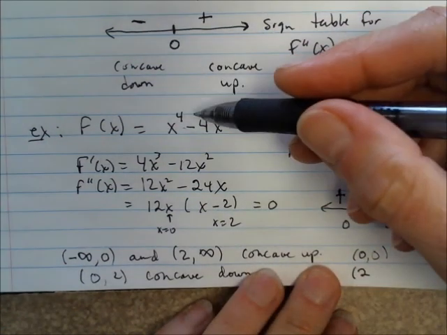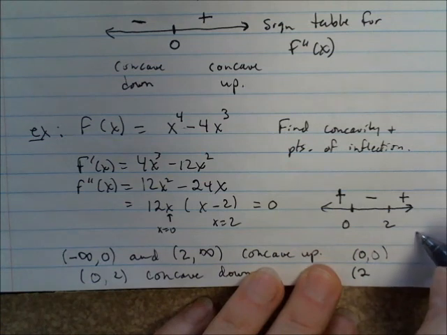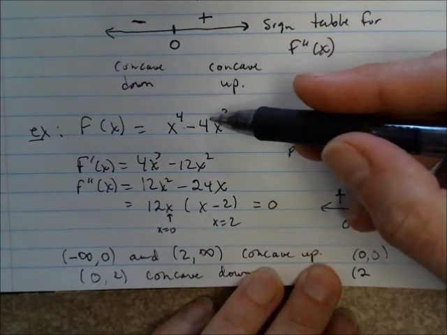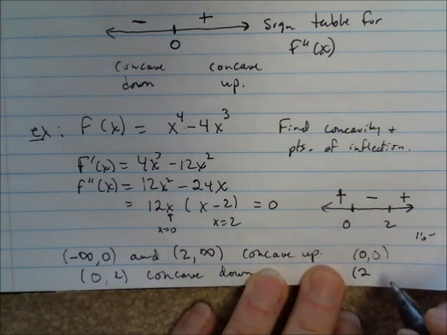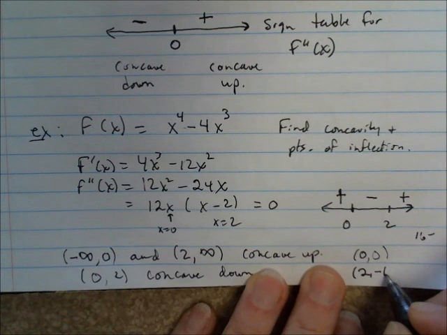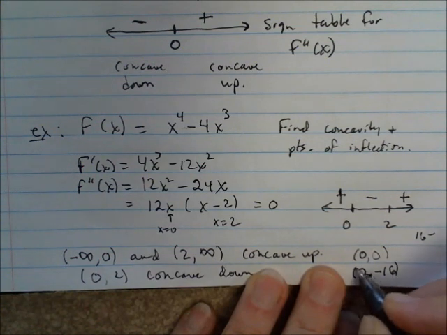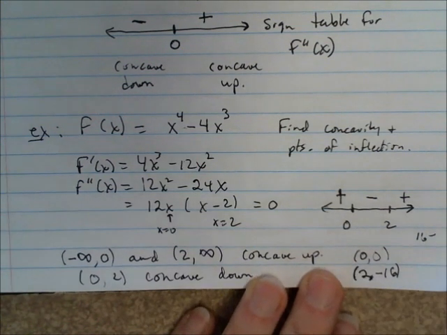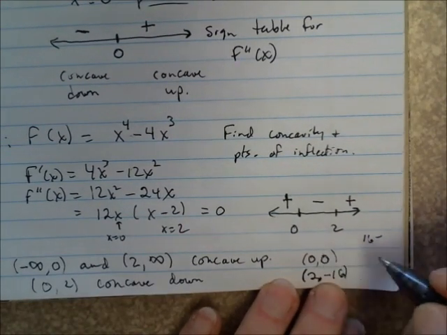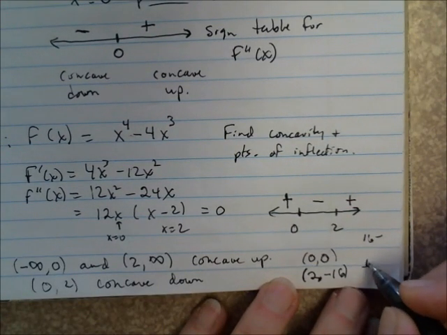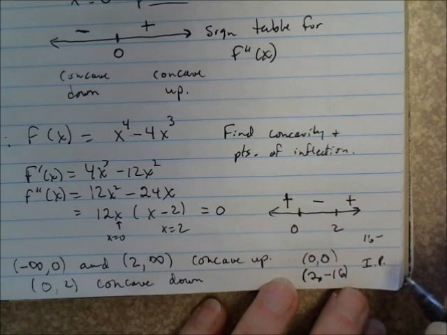Let's see, 2 to the 4th is 16. 4 times 8 is 32, so it looks like it's 16 minus 32, which is negative 16. Maybe I made a mistake in my math. You can point that out to me tomorrow if that happens. So these 2 points, (0, 0) and (2, negative 16), are the inflection points of the graph.